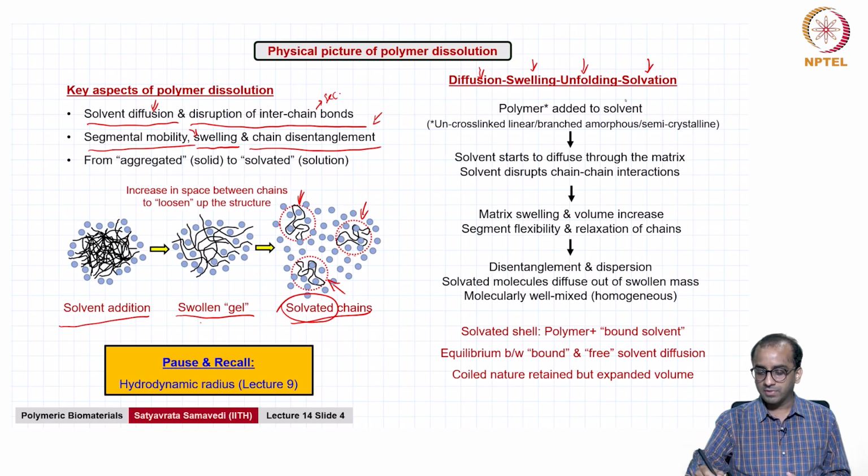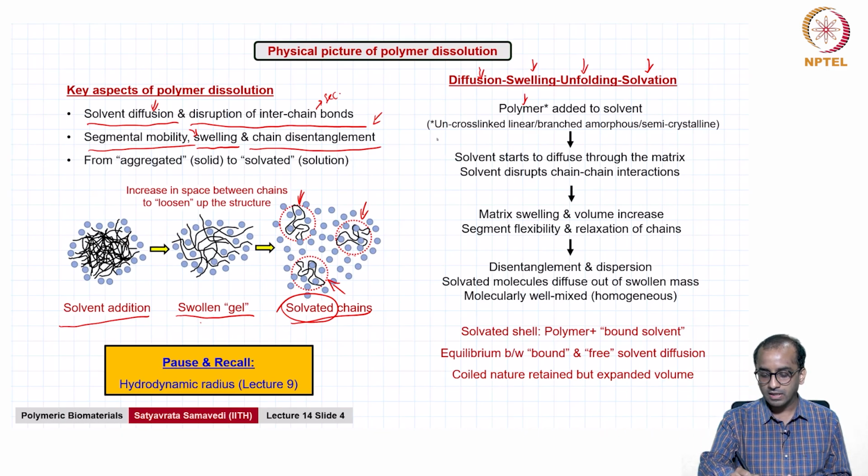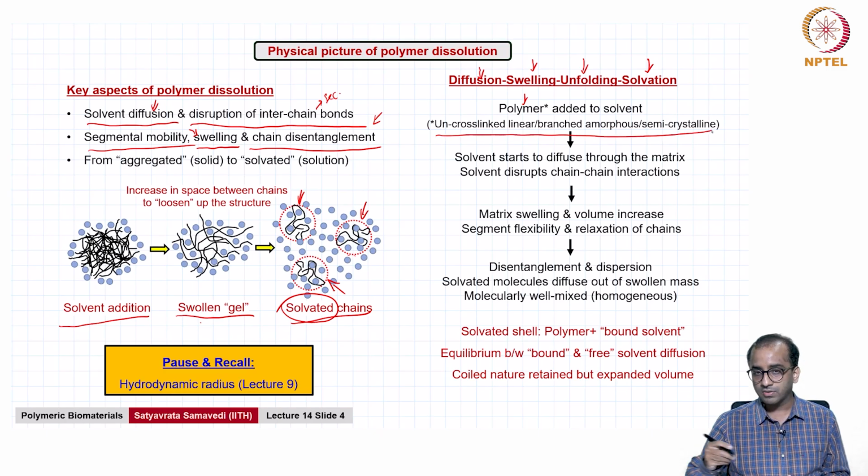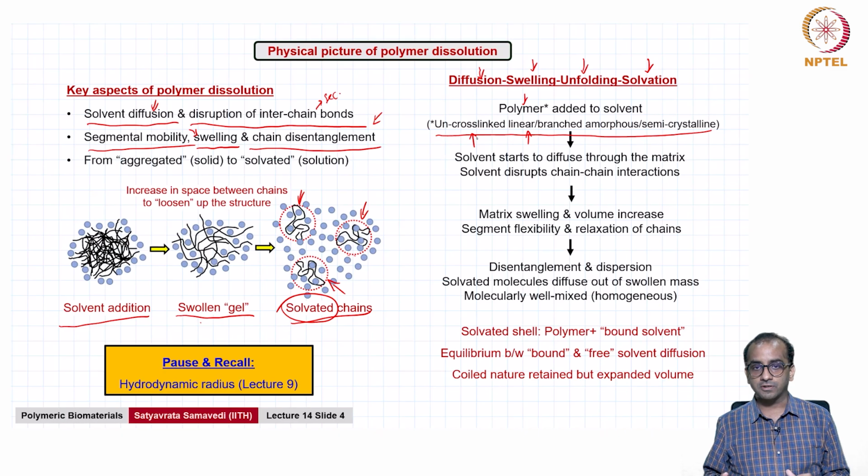So, when you take a polymer and you add a solvent to it, and here we note that the polymer we are talking about could be an amorphous or a semi-crystalline polymer, and there are some subtle differences there that we will look at in the next slide. But largely, we're looking at linear or branched, uncross-linked polymers. Because if you have cross-linking, you will have other kinds of effects that we will look at later. When we look at hydrogel swelling, for example, a hydrogel is a cross-linked network that swells in water.